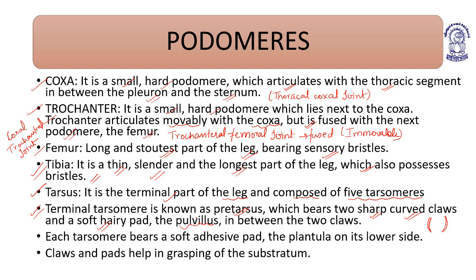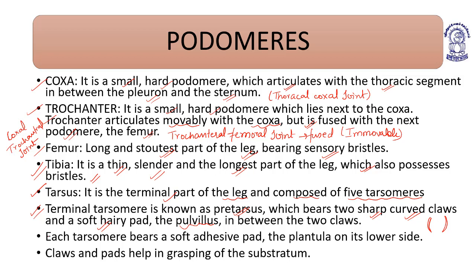In between the claws, there is a soft hairy pad which is known as what, pulvillus. And these claws are present on the pretarsal region, which is the terminal part of the tarsus. Understood?